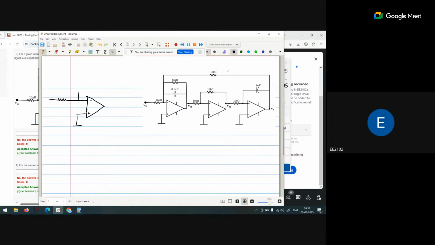Across this one we have one capacitor with this one resistor and one more resistor.